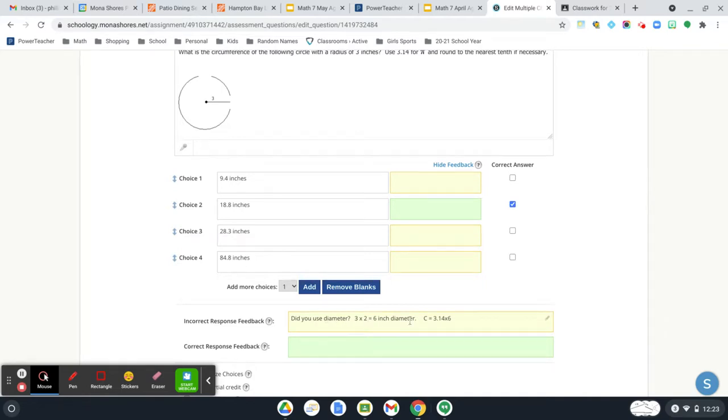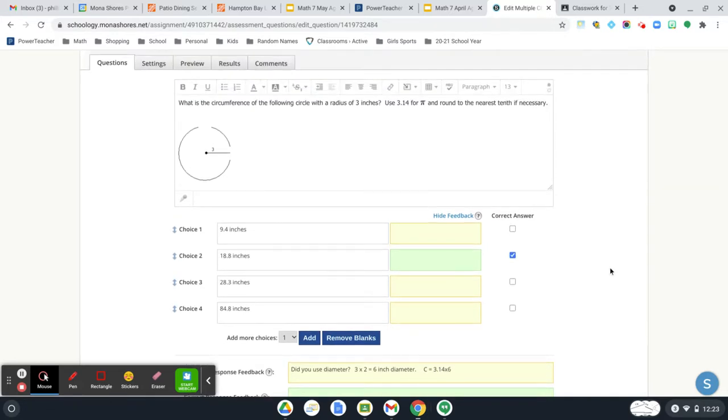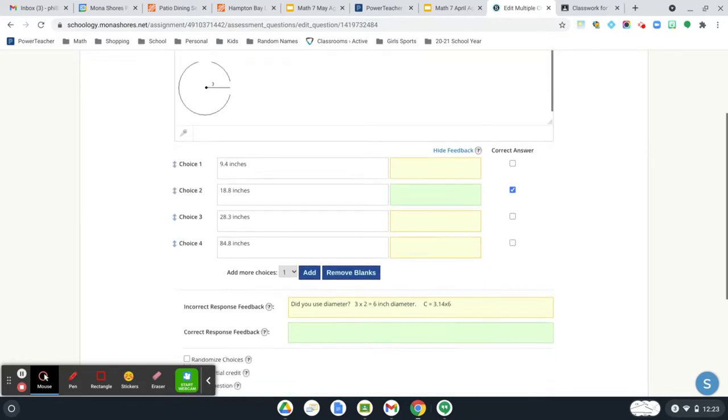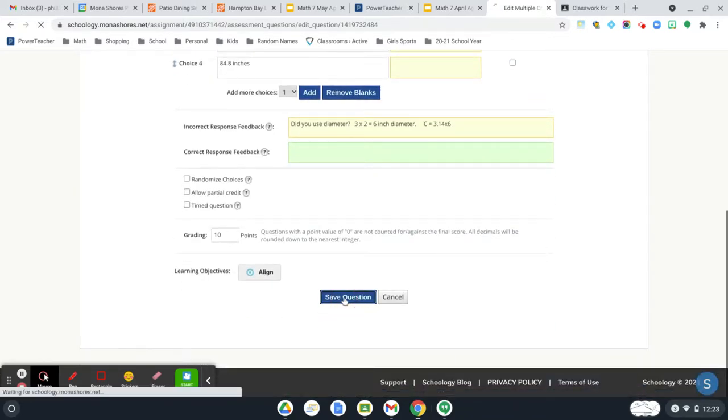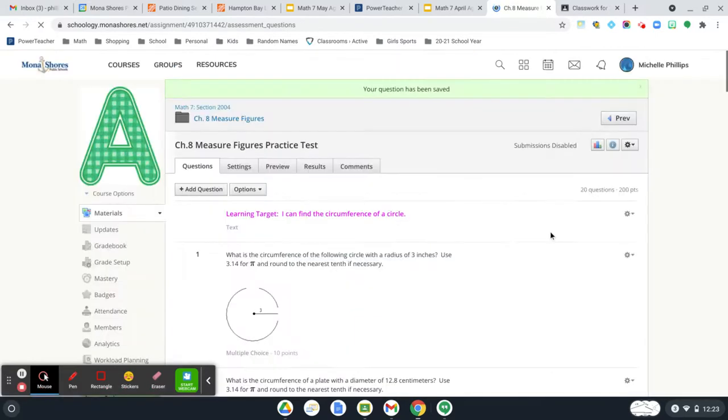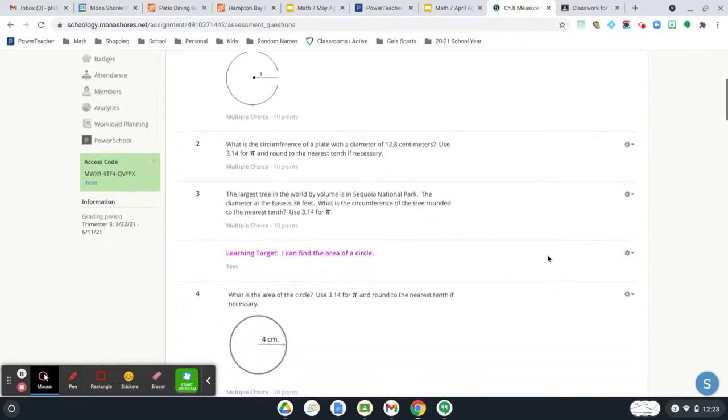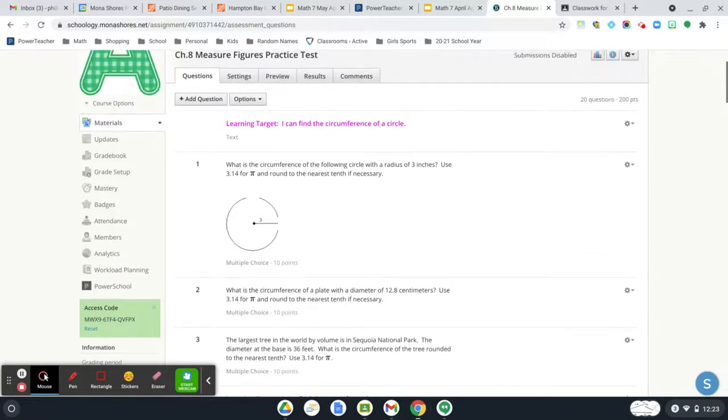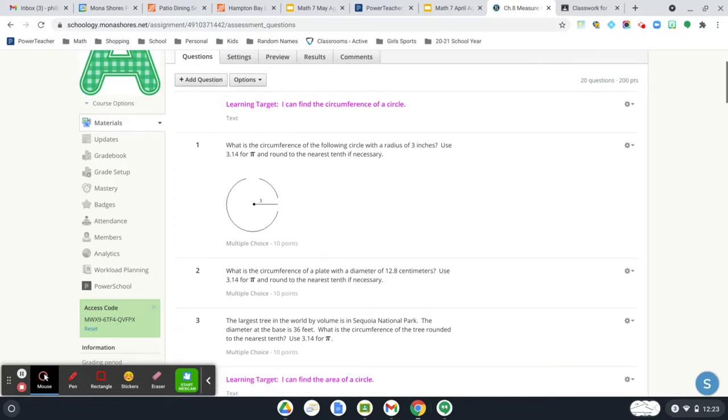And I'll give you what you should have done for the problem. And so that feedback then should help you correct your mistake so you don't make that same mistake on the test on Friday. And that's like that for every single problem. Every single problem has feedback on it. So again, any problem that you get incorrect, take a look for that feedback so you know what to do. And you can fix that and not make that same mistake on Friday.